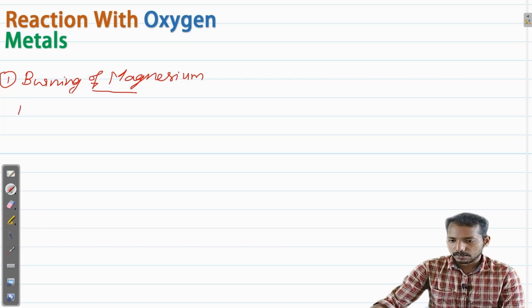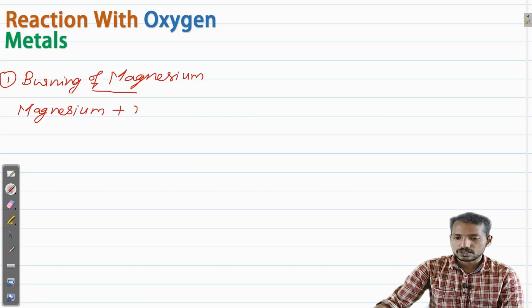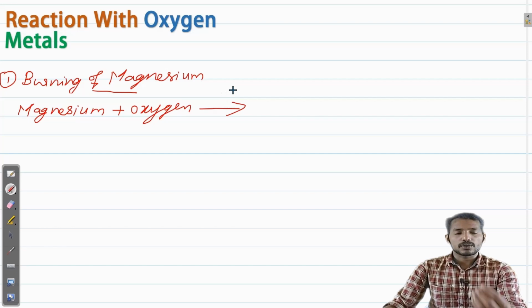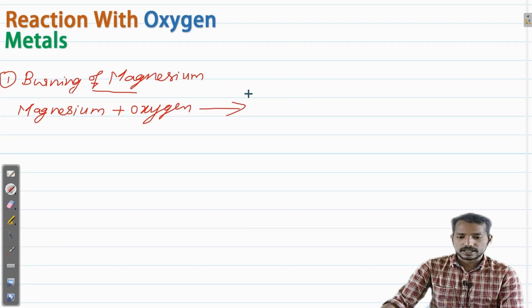That is, magnesium plus oxygen gives that white powder we got, that ash, which is actually magnesium oxide.